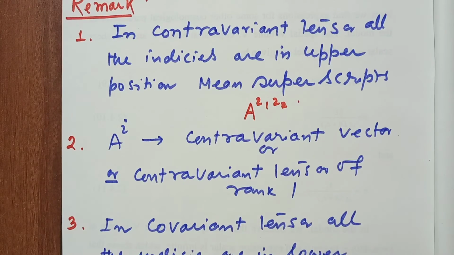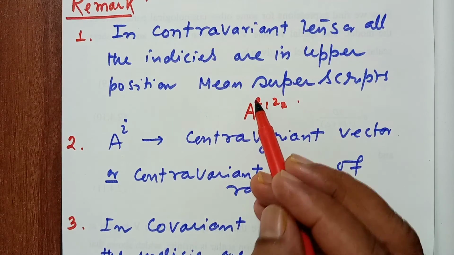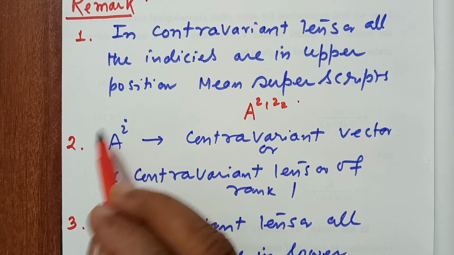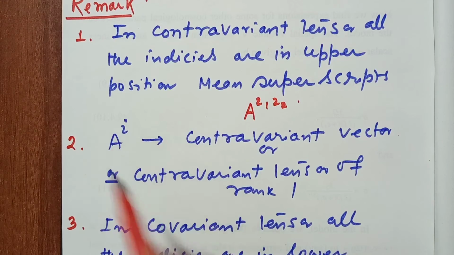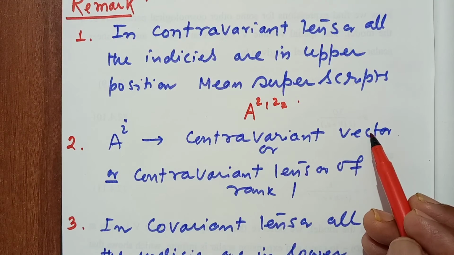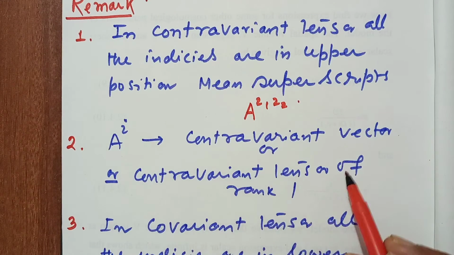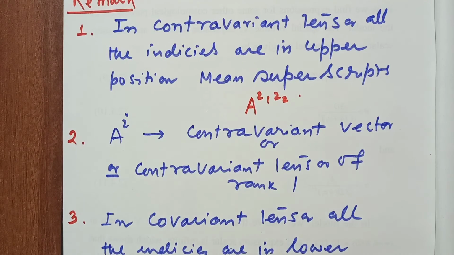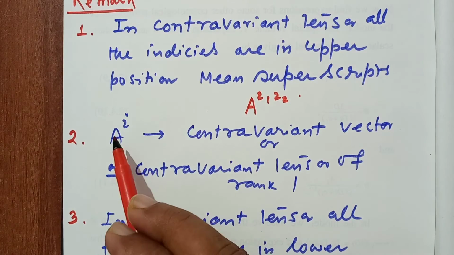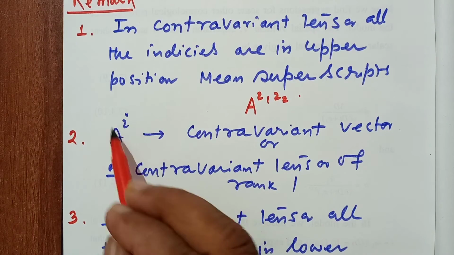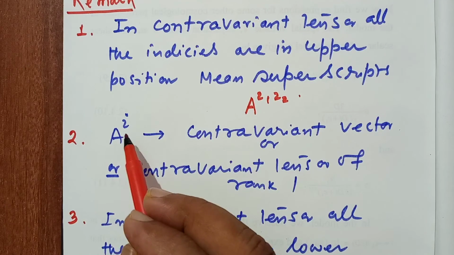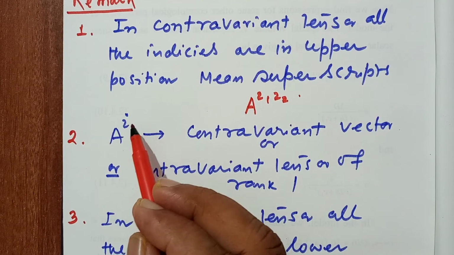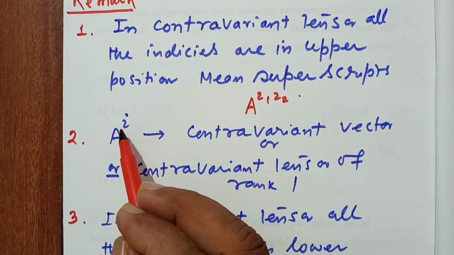Next thing is that if only one index is in upper position, then this is called contravariant vector or contravariant tensor of rank 1. Okay. We can frequently use contravariant tensor, but because here only one index, this is a tensor of rank 1, and if more than one index, then this is contravariant tensor.